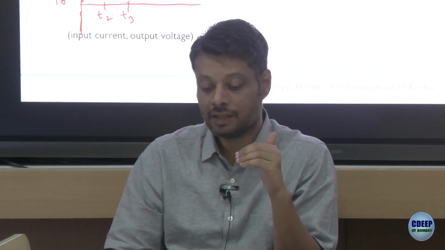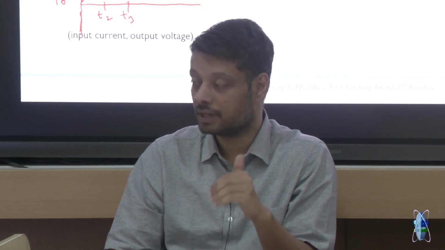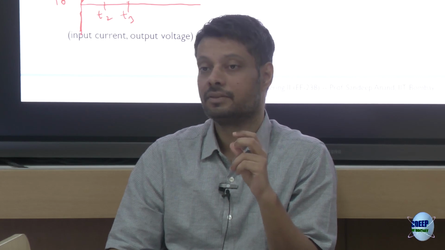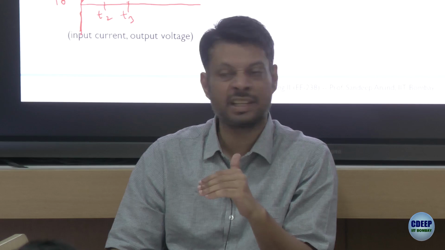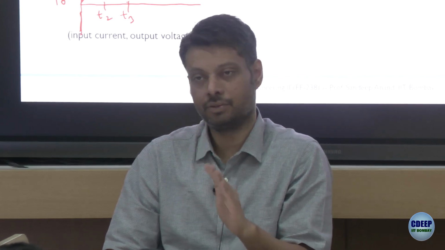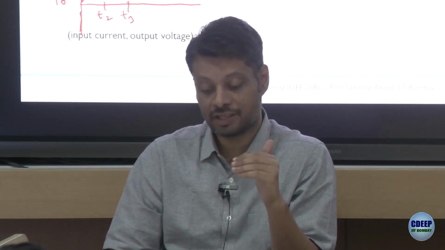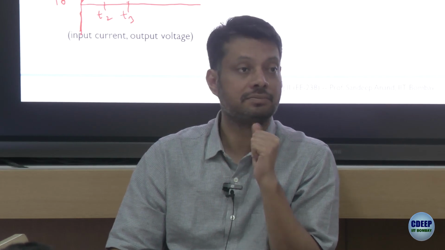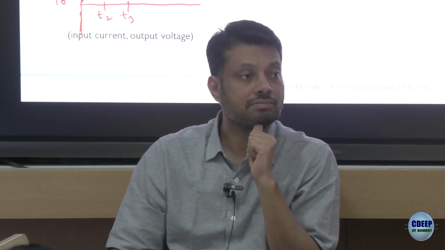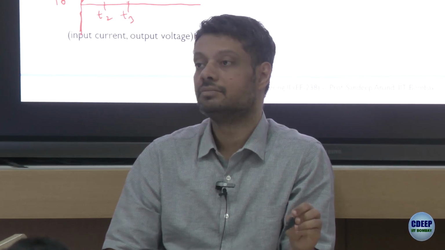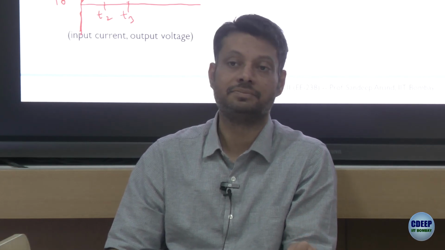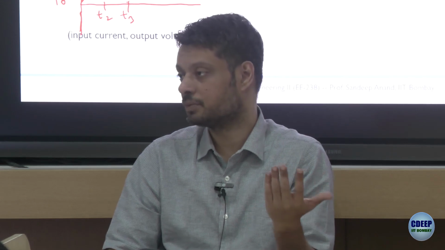What will be the output voltage at T3 plus? If I had a pure resistance, what would have been the output voltage at T3 plus? 0. What will be the output voltage now at T3 plus? Take a guess. 0, okay, 0 is one option.